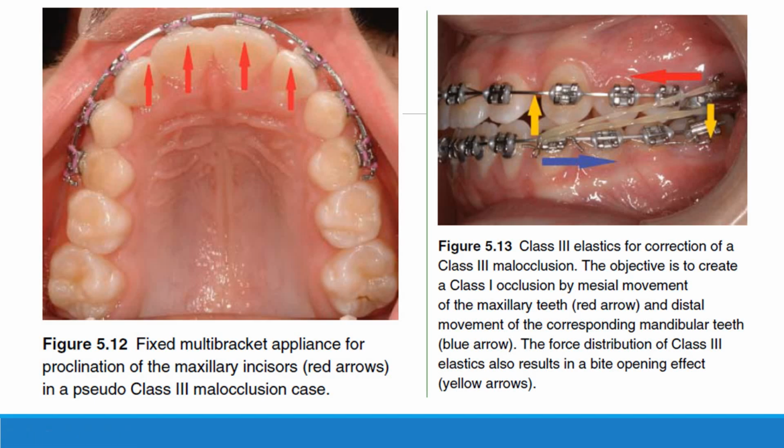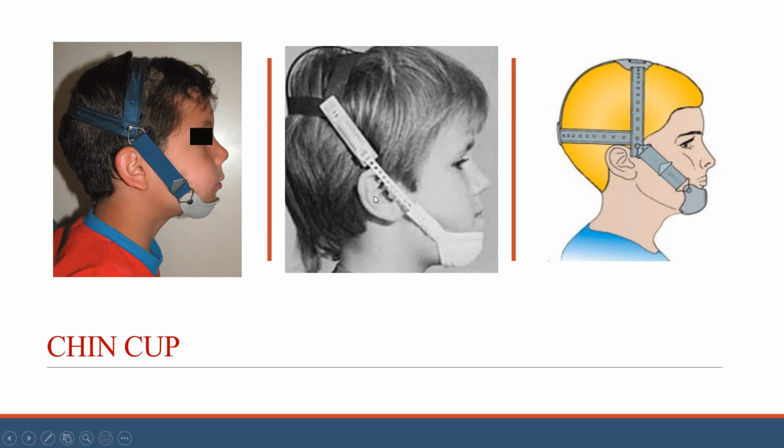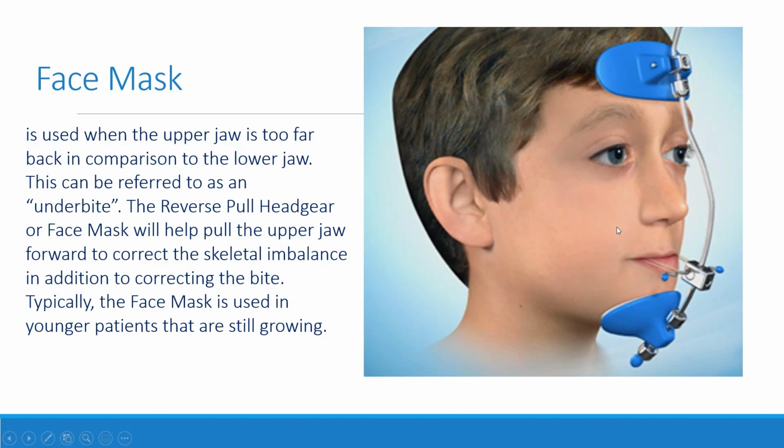The reverse pull headgear is a very important part of orthodontic treatment. A reverse pull headgear will help to improve the upper jaw, move the upper jaw forward with growth, which is critical to do at a young age, thereby reducing or possibly eliminating the need for very involved jaw surgery later in life.